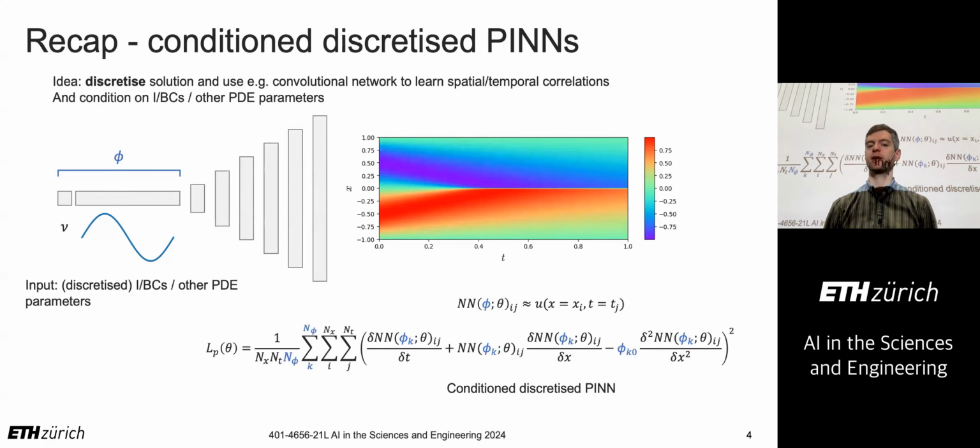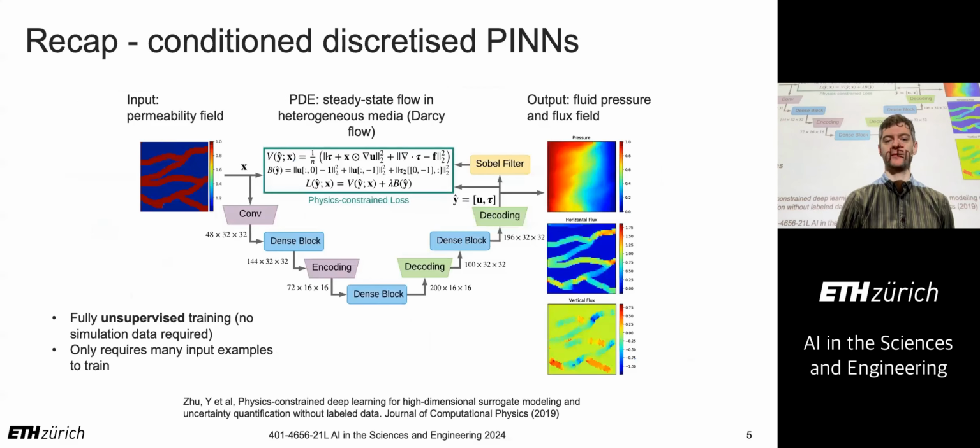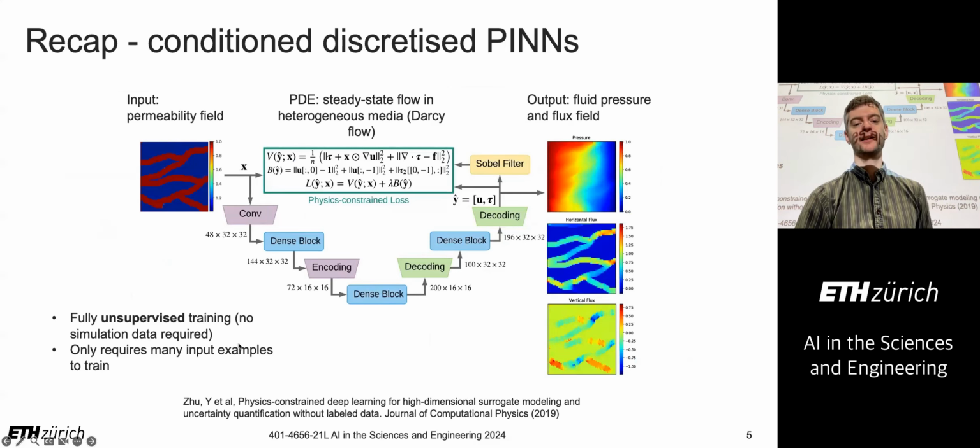which will be very fast once it's trained. And here's an example, a paper that implemented these discretized PINNs, and they trained them to solve Darcy flow, so the flow through a porous media. And what I find remarkable or really great about these methods is that they're fully unsupervised.